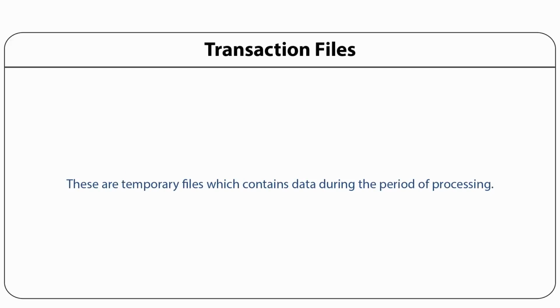Transaction file. Often when we work with any database management system, we perform many activities on it. These database management systems create a lot of temporary files. These files are used during the processing period of data processing, and often they are deleted once the process is over.